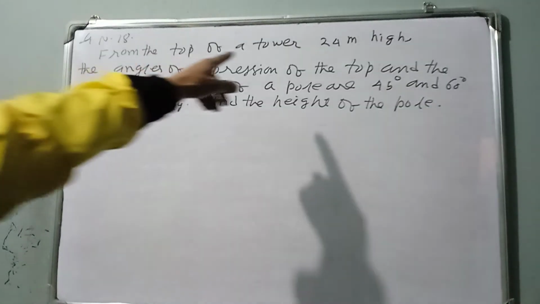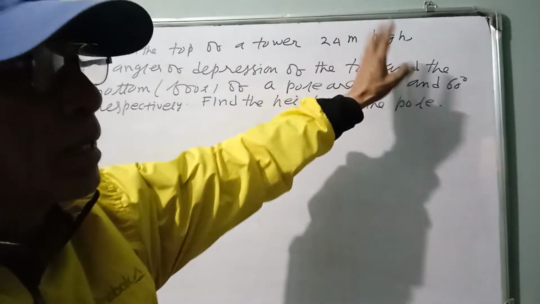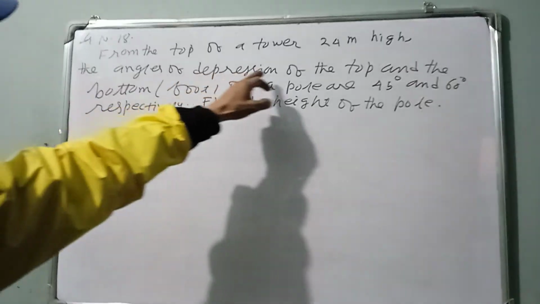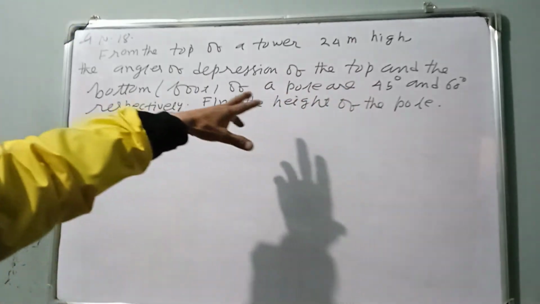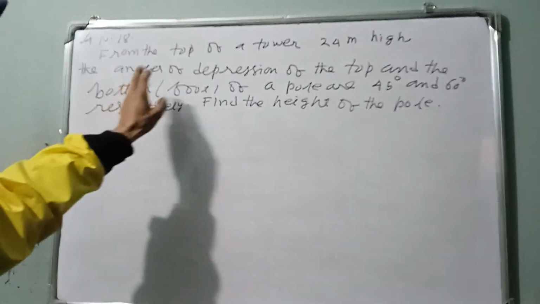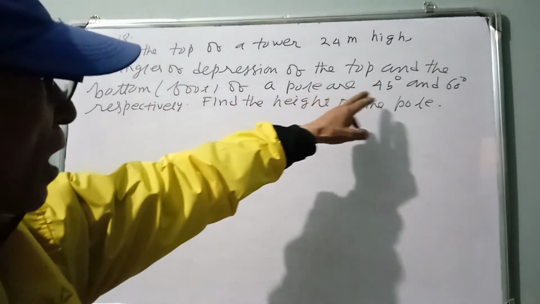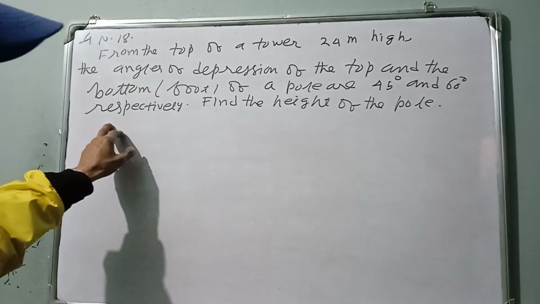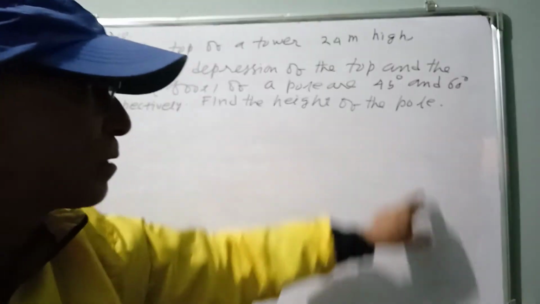From the top of a tower, 24-meter high, the angles of depression of the top and the bottom or foot of a pole are 45 degree and 60 degree respectively. Find the height of the pole.